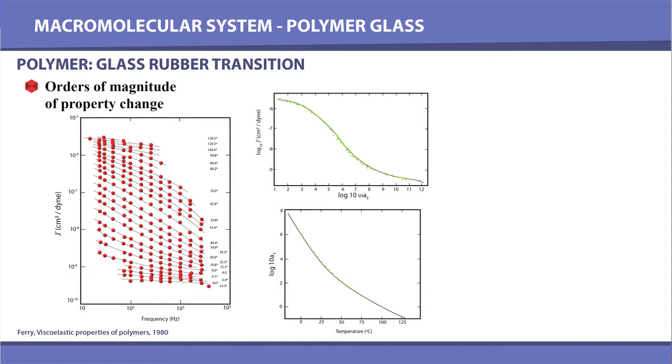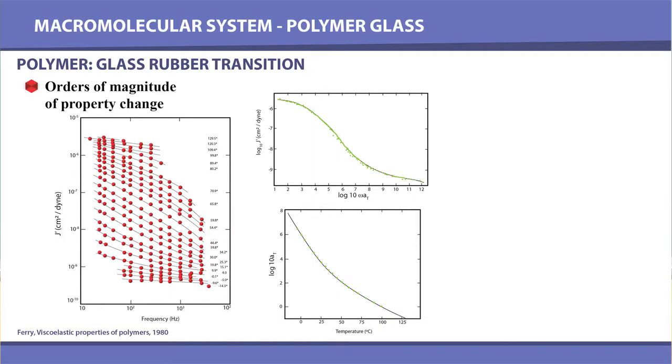This is analogous to the storage modulus, and just as we expect that at lower temperature the modulus should be higher, we would expect that at lower temperature the compliance should be lower. As the temperature is increased, the compliance becomes higher and higher.